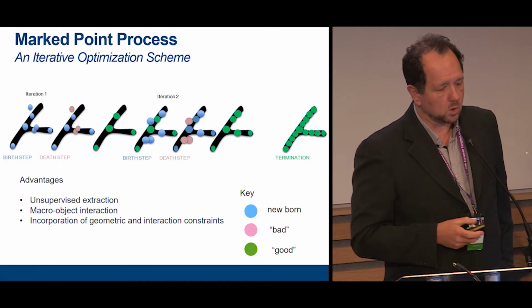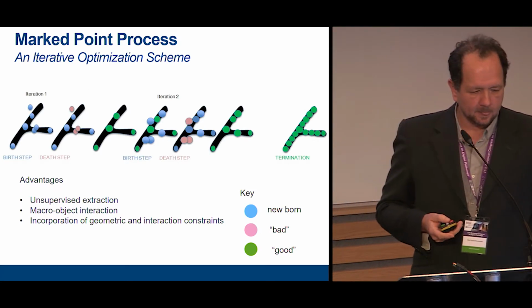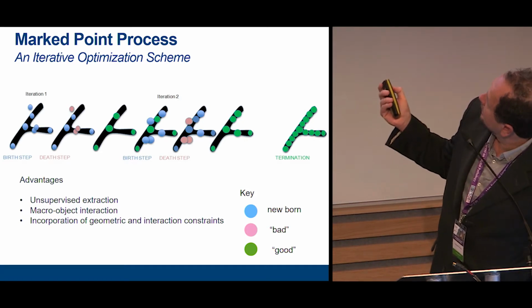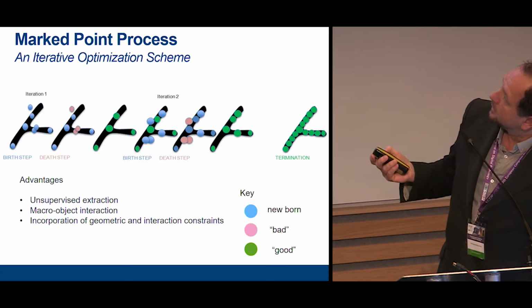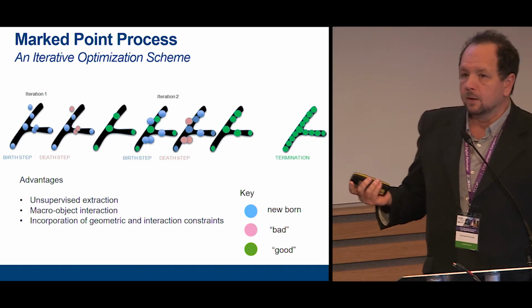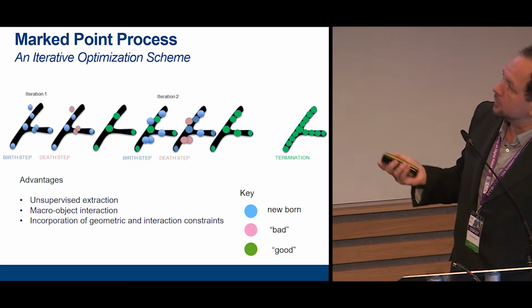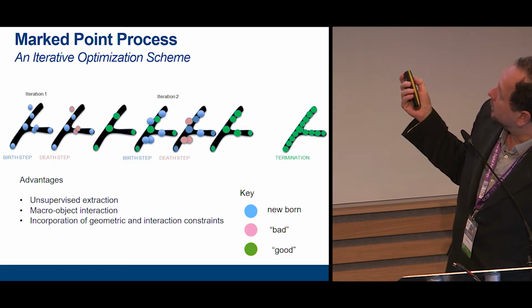We keep the ones who are good, and we kill the other ones who are not good. And we reach something which is convergent. This kind of algorithm is proven to be convergent in continuous space. In the discrete space, which is the one we are working with, of course, we need to tune it properly, but it's usually going quite well.